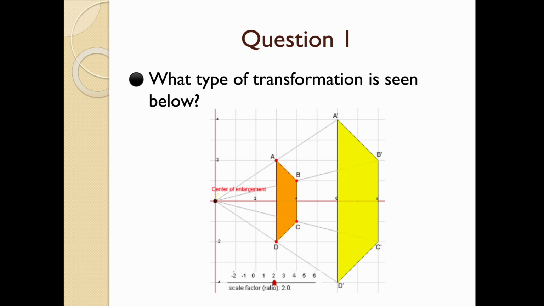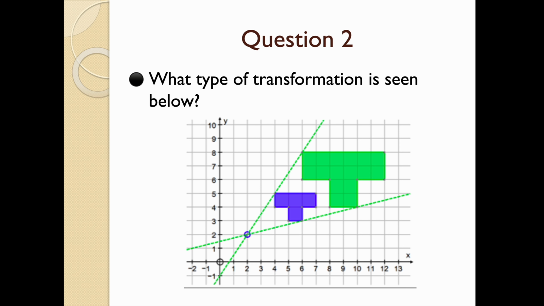Now, if you look at this, this has 2 boxes from this point to this point, and this one has 4. 1, 2, 3, 4. So that means this one is twice the size of this. So the scale factor is 2, meaning that this is twice the size of this. And if you notice, we have our A prime, B prime, C prime, D prime, and so forth. So this is our object, this is our image.